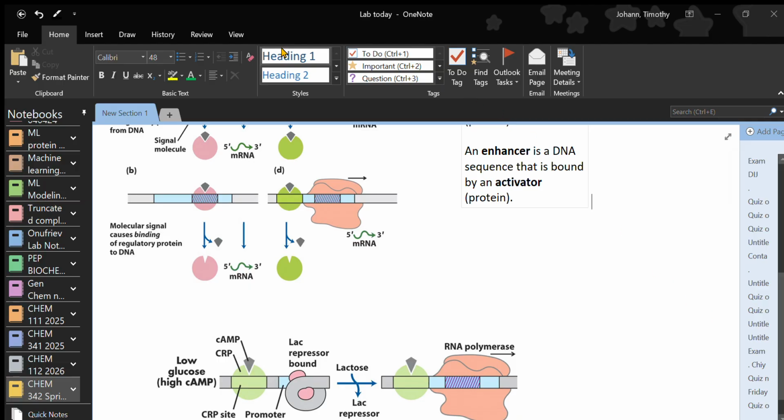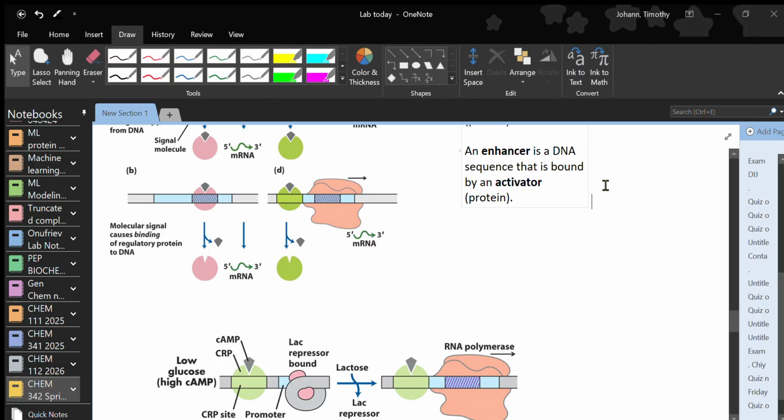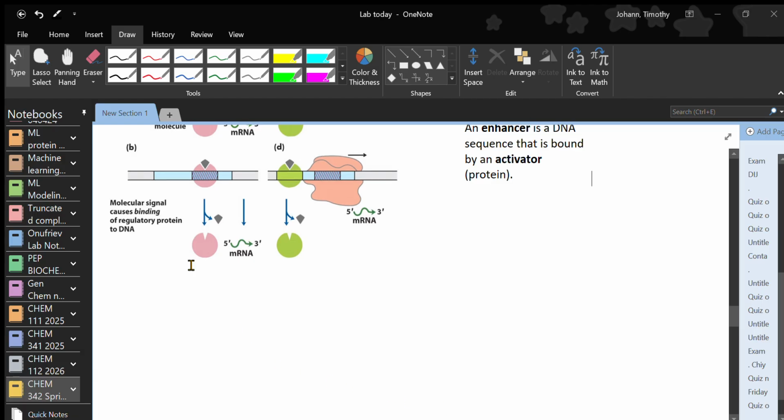So I'm going to write these below. So, 4 ways that the initiation of transcription can be regulated.